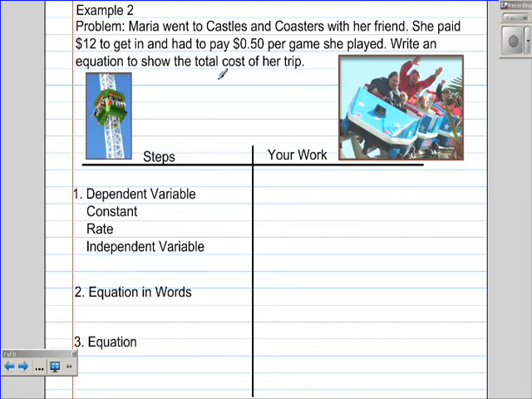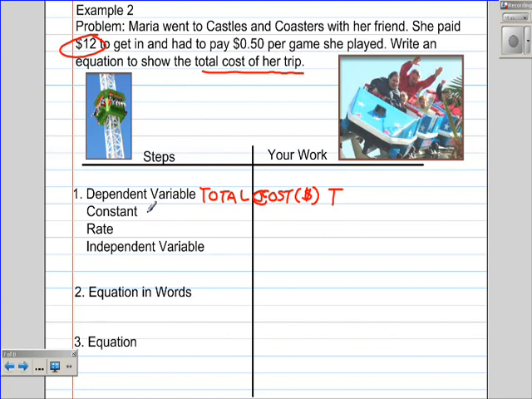So our dependent variable, that's the total cost of her trip. So the total cost, that's going to be in dollars, and I'm probably going to use the variable T for total. What is my constant? So no matter what, what does she pay?